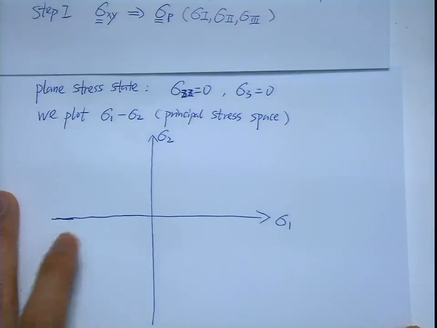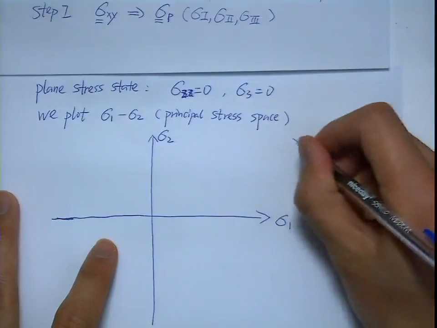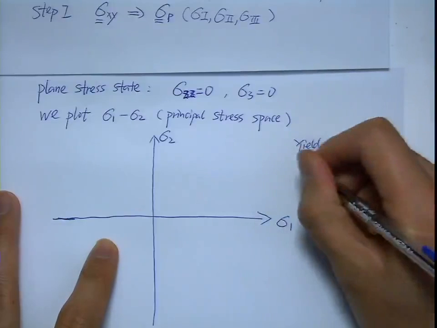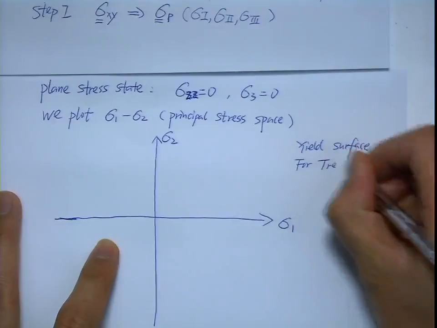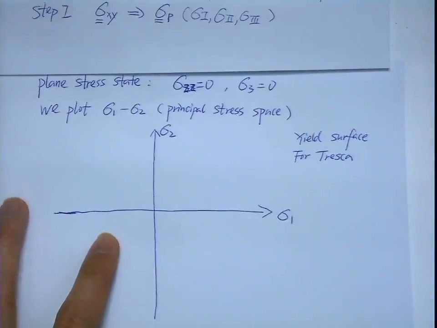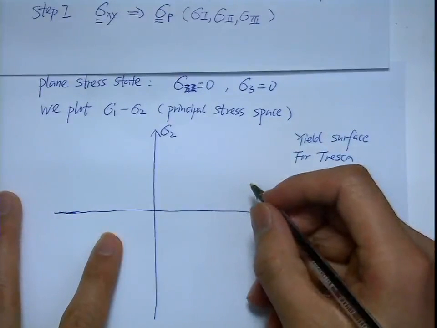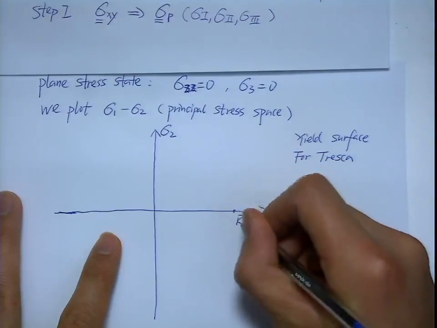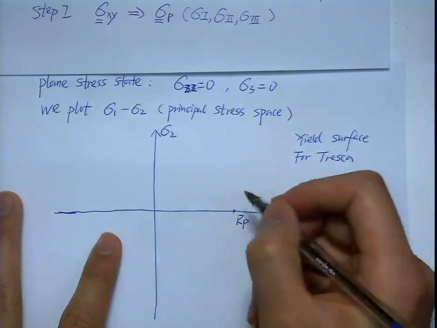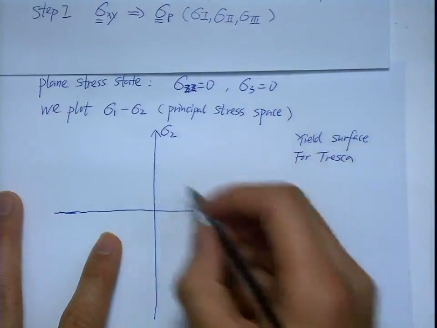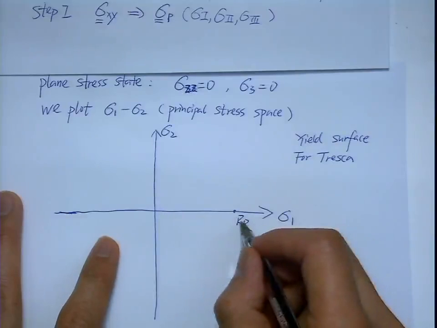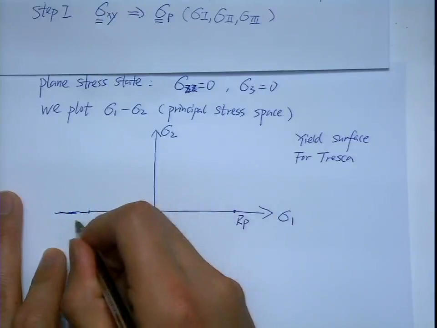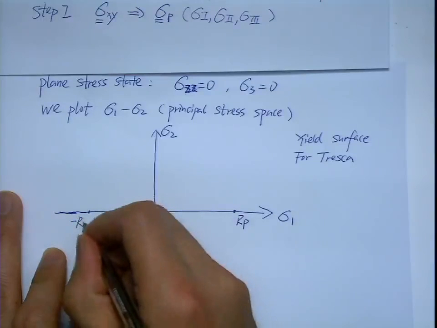Now, how do I draw the Tresca yield surface? Let's draw this yield surface for Tresca. Okay? So what I normally do is, I know the yield strengths I measured from the experiment, RP, for the uniaxial tensile test here, and another one, the compressive test, negative RP.